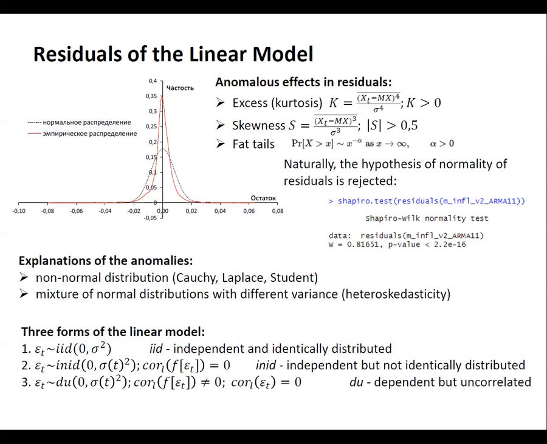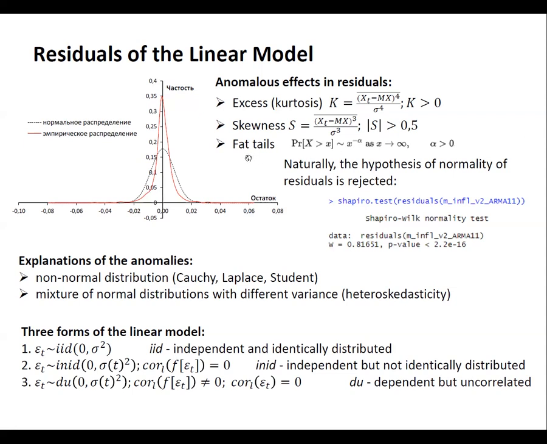Usually, asymmetry is recognized as significant if the coefficient S is greater than 0.5 in absolute value. Asymmetry is most widespread in stock markets. If asymmetry is less pronounced in economic time series, then it is quite common in financial instruments, almost always.